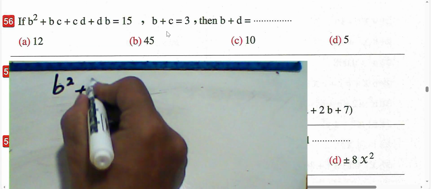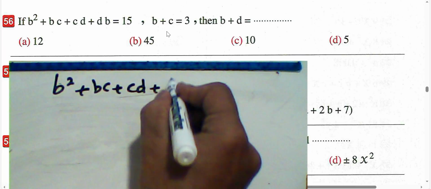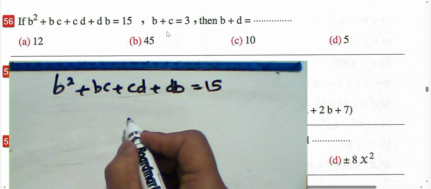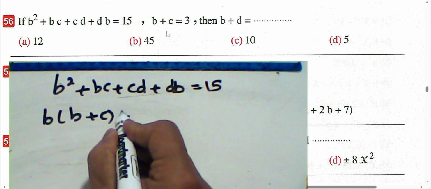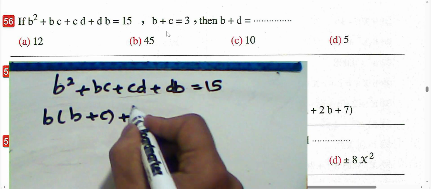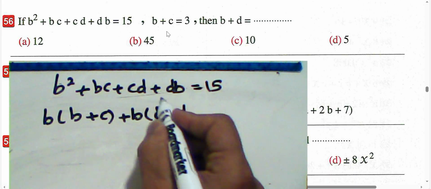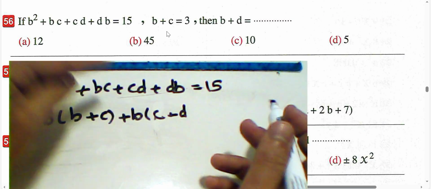b power 2 plus bc plus cd plus db equal 15. We can divide it, write highest common factor b between together, the result will be plus c, and right here d highest common factor.